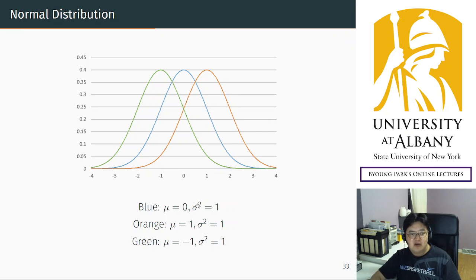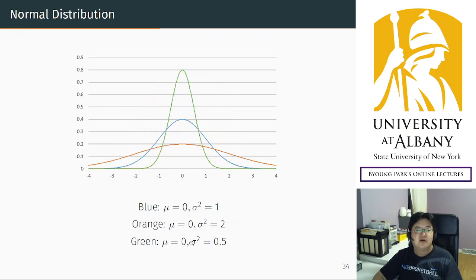And as you see, when you fix the variance sigma squared and change the mean, it shifts parallel. And now, let's think about changing the variance. Blue is again the standard, 0 and 1. If you increase the variance, then larger variance means more variability. The distribution is more spread out. So the bell curve looks like the orange, like this.